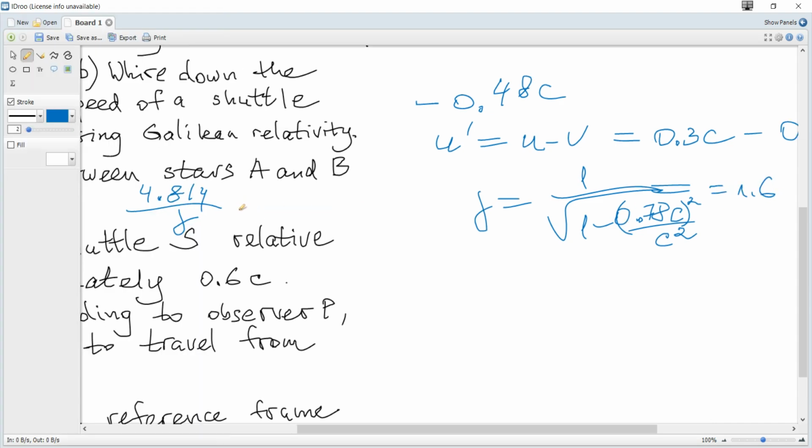Hence this distance becomes 4.8 light years divided by 1.6, and it's just 3 light years.